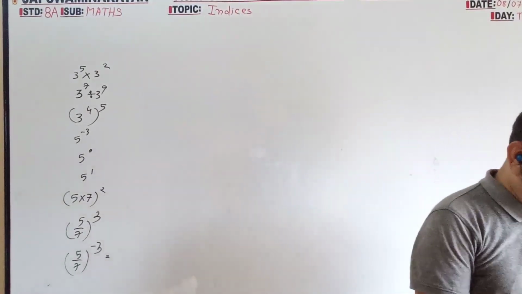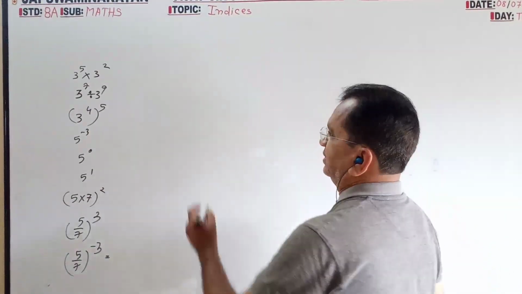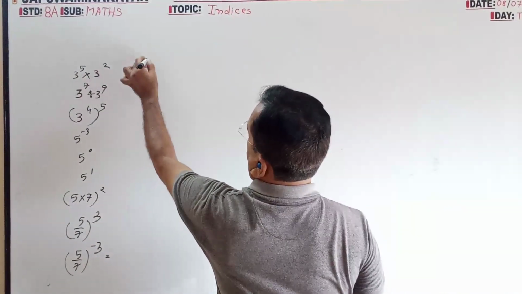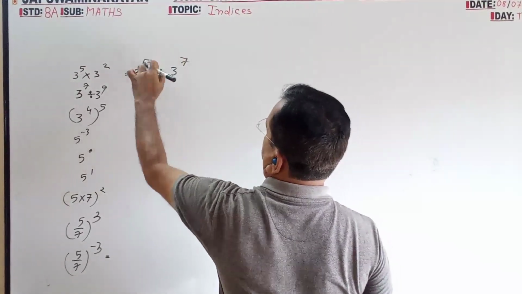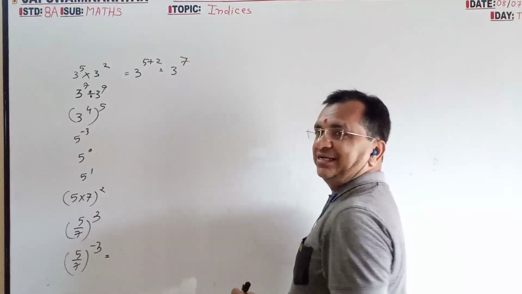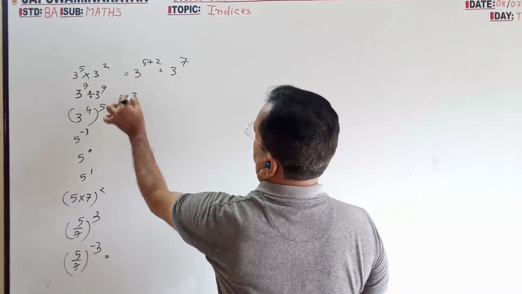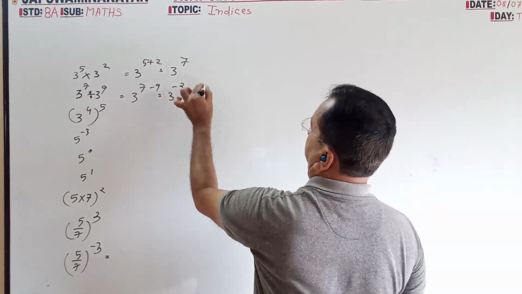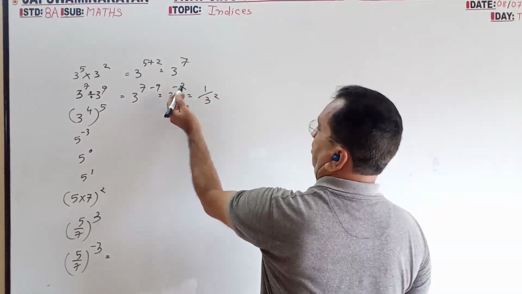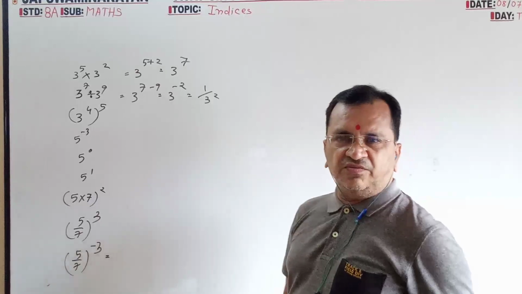Okay, now we have to write the answer. So this is 3 raised to 5 plus 2, it is 3 raised to 7. Division: so 3 raised to 7 minus 9, 3 raised to minus 2, it is 1 by 3 raised to 2. Minus for plus.